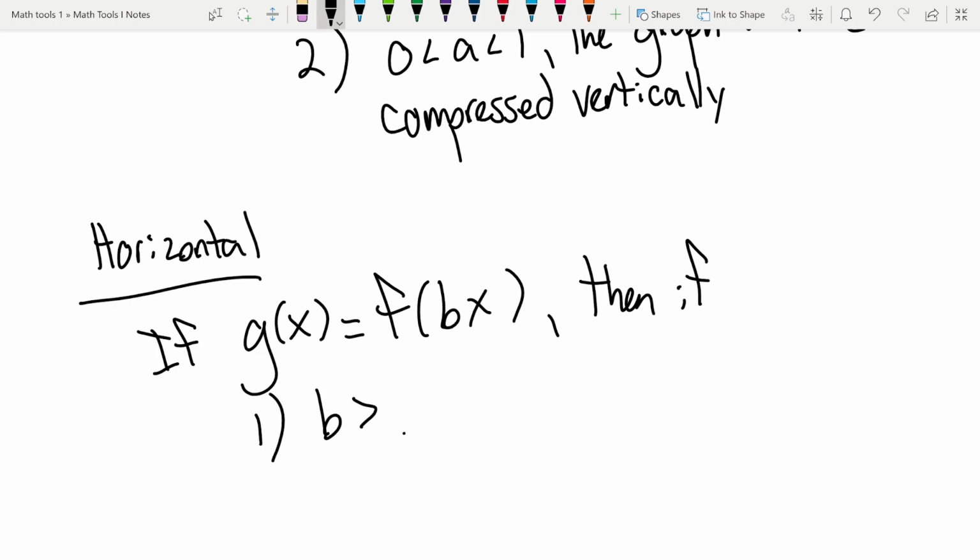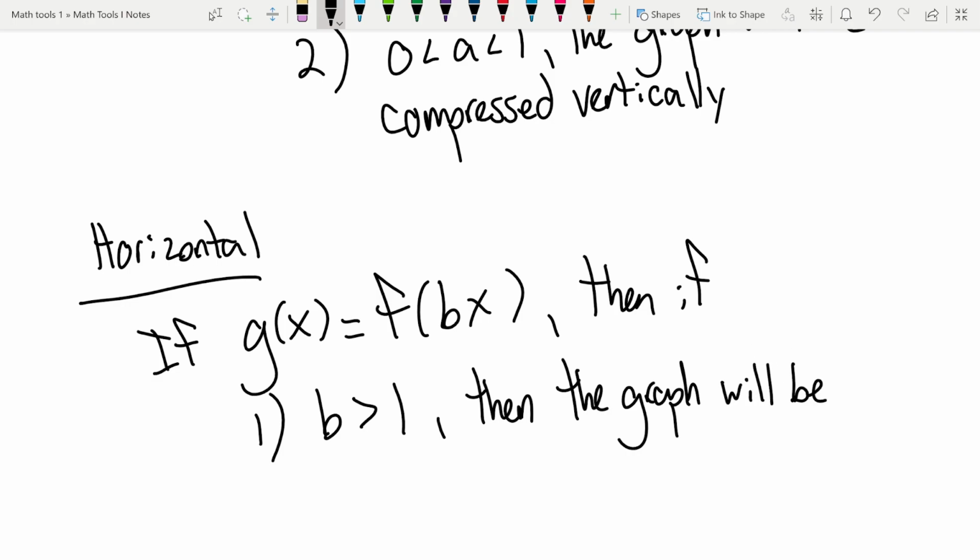Okay. Then if b is greater than 1, then the graph will be compressed by 1 over b. Okay, so it's different in two ways here. First of all, it's different because the compression and the stretching are backwards from the vertical version. Okay. And second, we're not doing it by b, we're doing it by 1 over b.